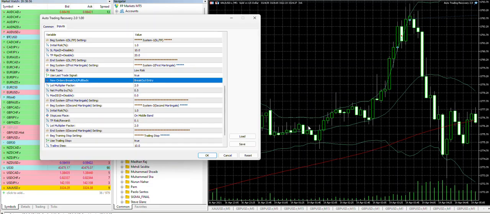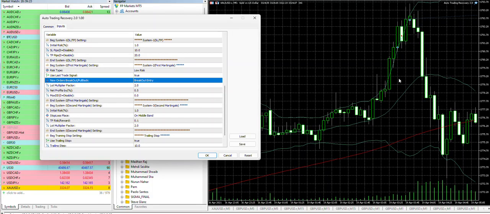Breakout means if we have a buy trade here and we got another buy trade, it's able to enter another buy trade higher than the previous one. So if the price goes down and we have a buy signal, it will not enter it because it enters higher highs only.